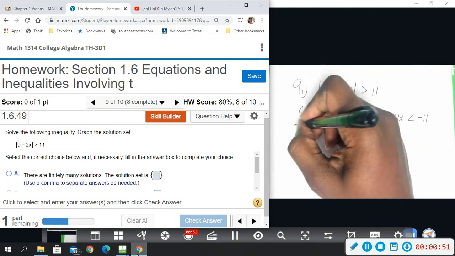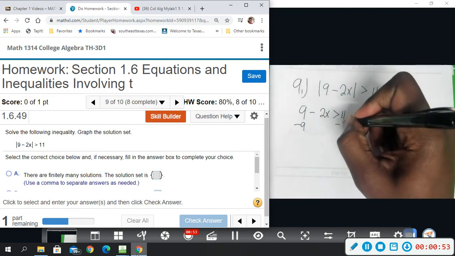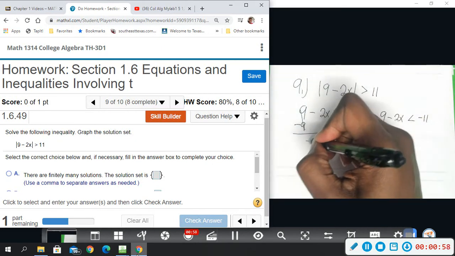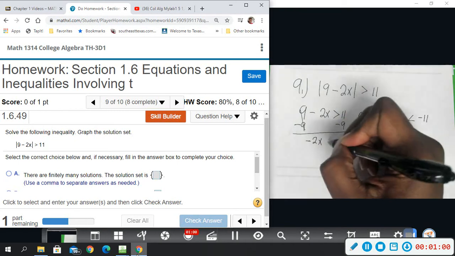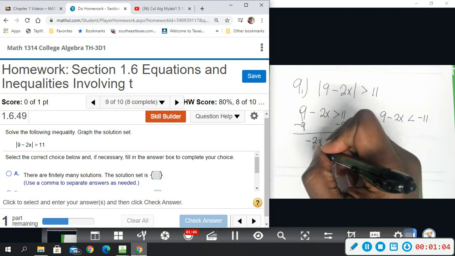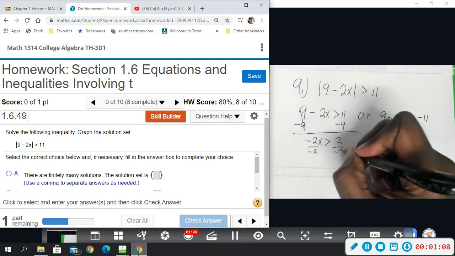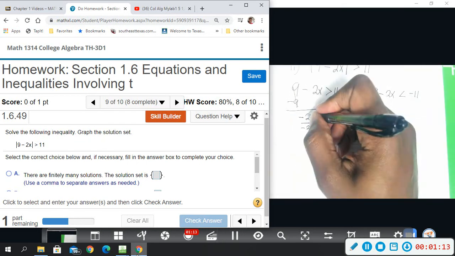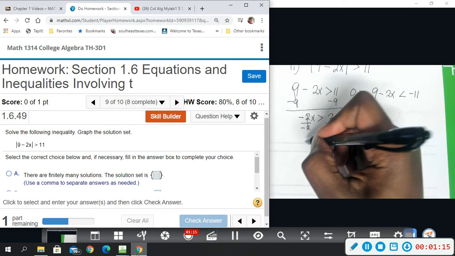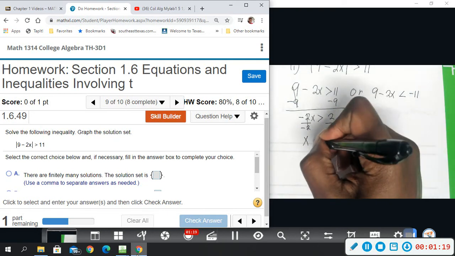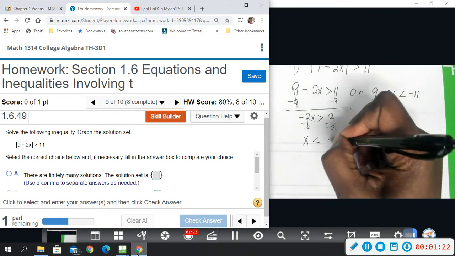Solving by subtracting 9 from both sides, we get negative 2x greater than 2, and then we divide by negative 2. Negative 2 divided by negative 2 is 1, so we're left with x. Divide by negative, we flip the sign, and this becomes a negative 1.